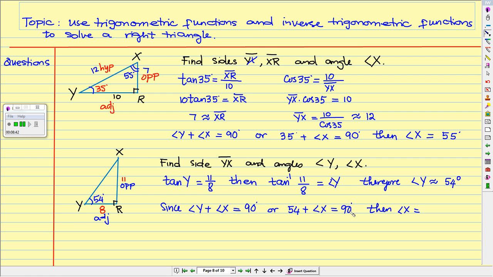So you subtract 54 from each side, and that will give you 36 degrees. So now we found the angle X, 36 degrees.